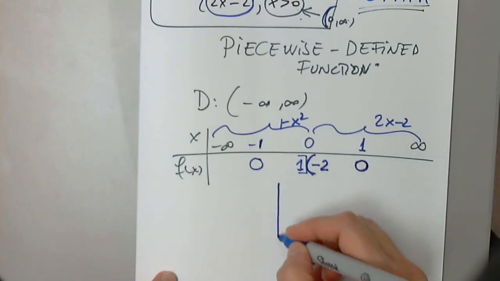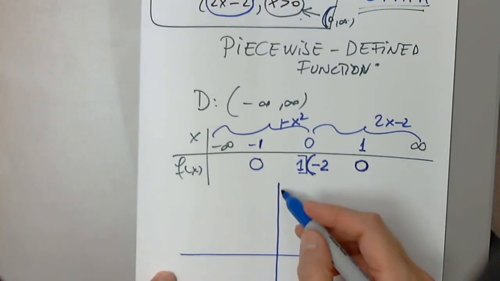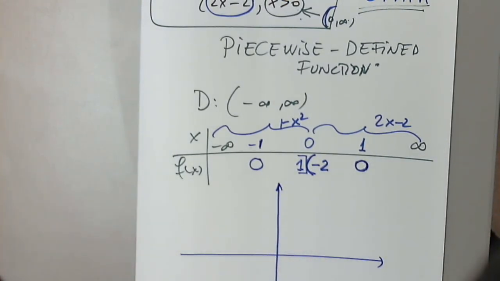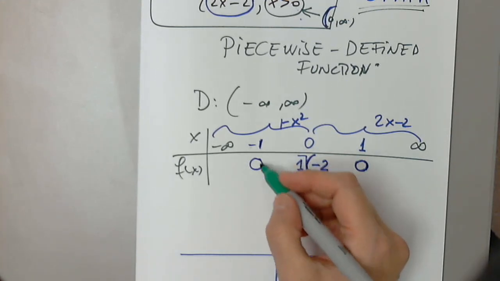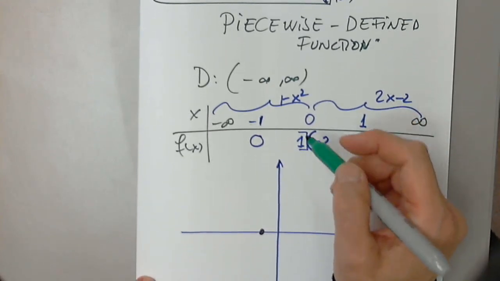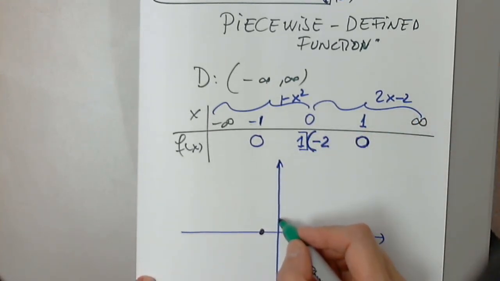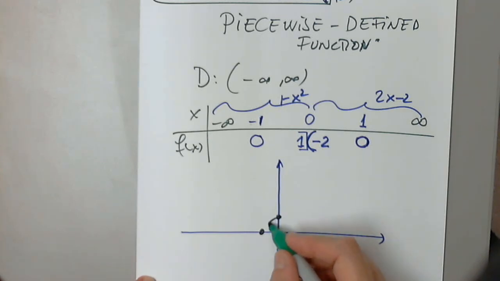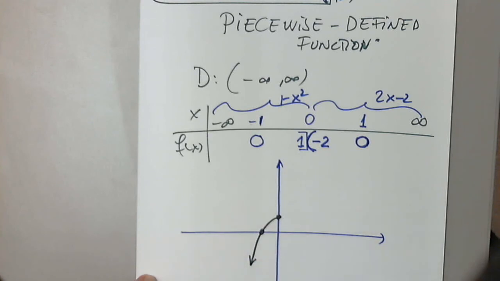Perfect. Let's graph it. The first ordered pair from left to right: negative 1, 0, correct? 0, 1, correct? Full point or open? Thank you very much. And here's the graph. So it's x squared, negative x squared, up 1.